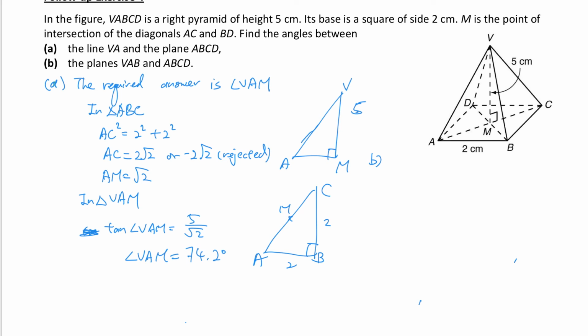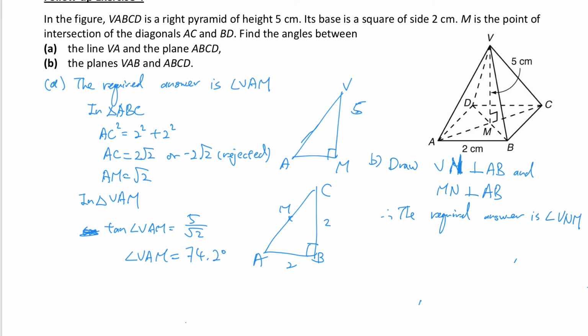So draw VN and MN perpendicular to AB. The required angle is angle VNM.